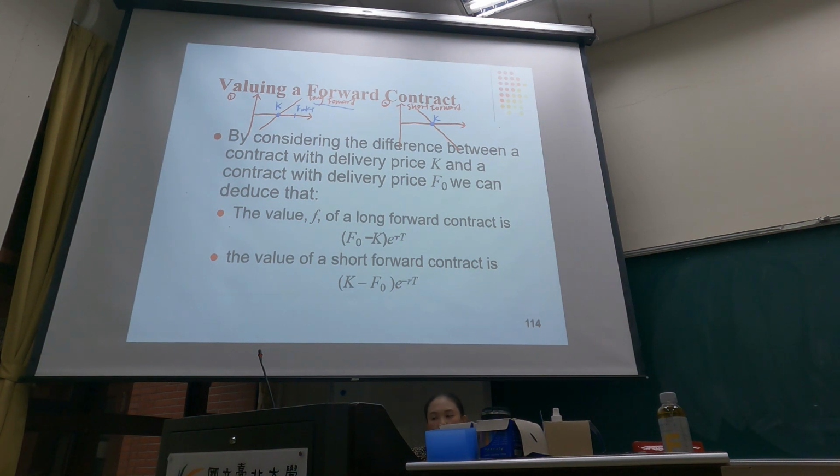So for the long forward, the value equals F0, that's the F market price, minus K. But remember, this assumes that the forward and the delivery price will be exercised at the end of the period.